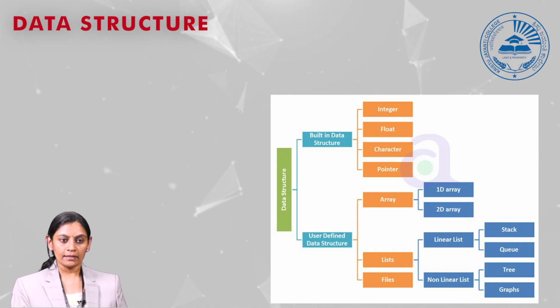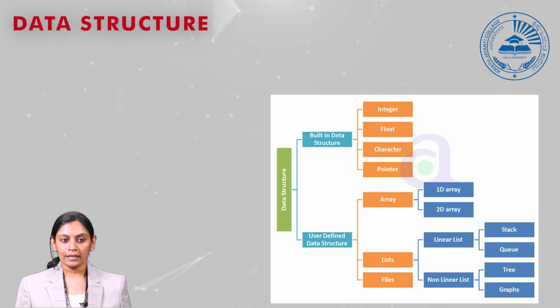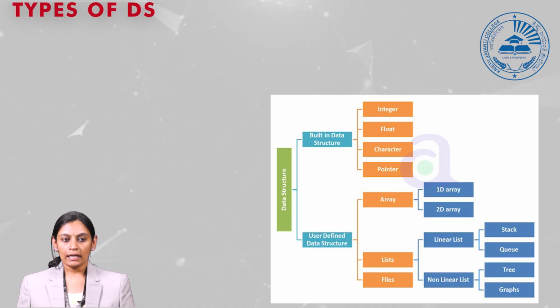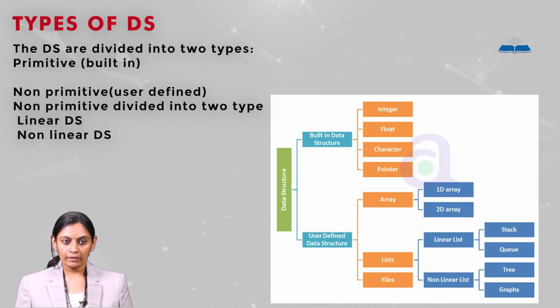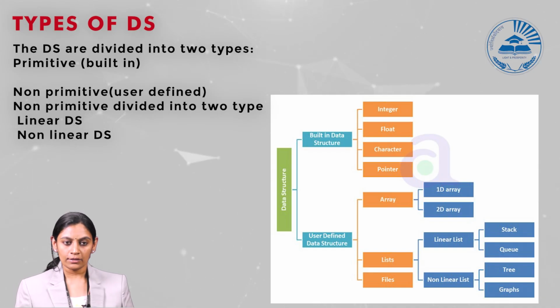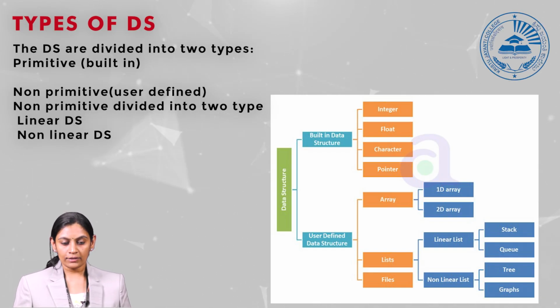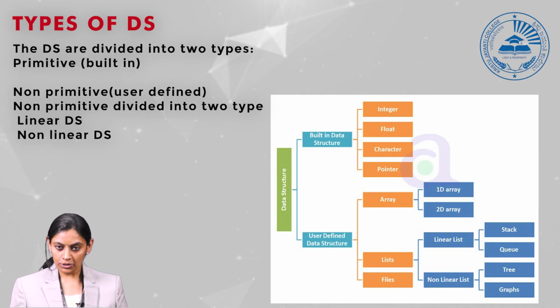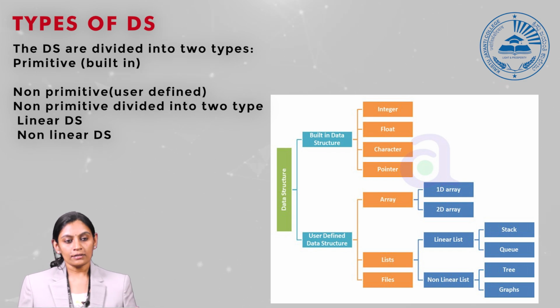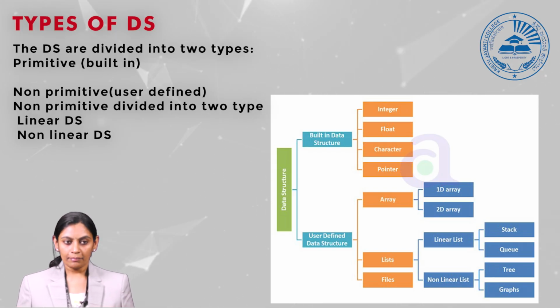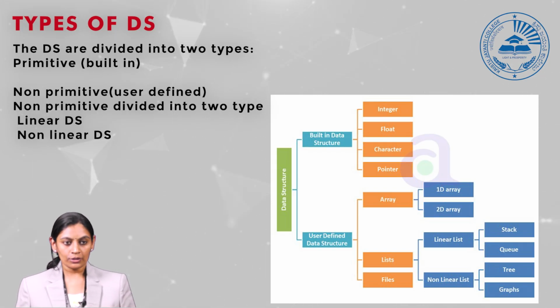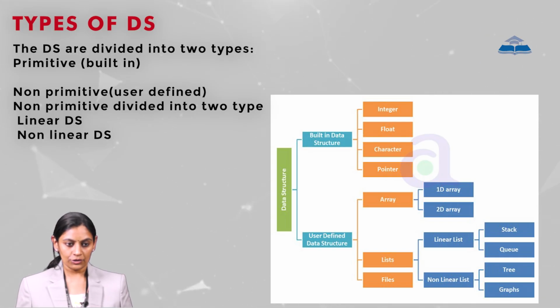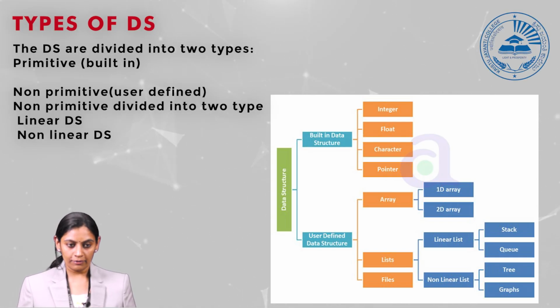For any programming language, you will have some built-in data structures available for use, for example integer, float, character data type, or pointer data types. These are the data structures which come along with the programming language and are available for use. Those fall under the category of built-in data structures. The next one is user-defined data structures.